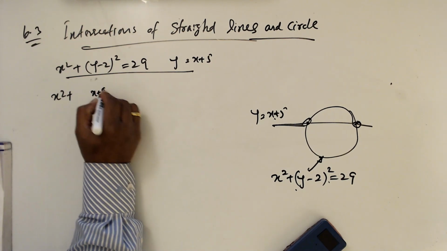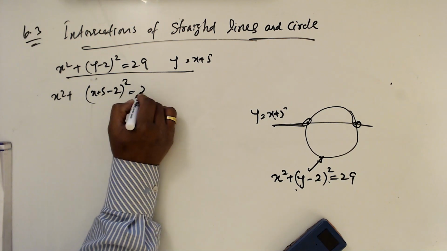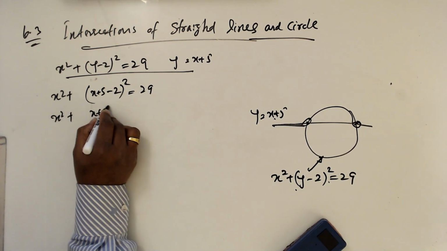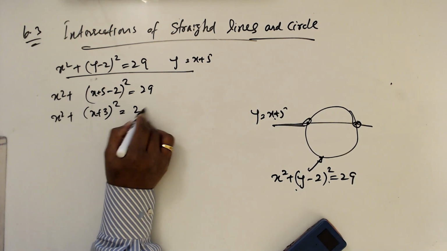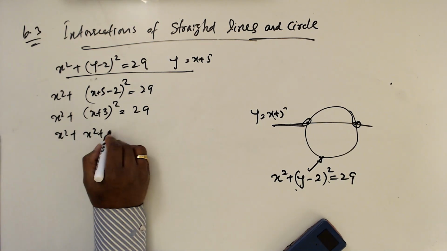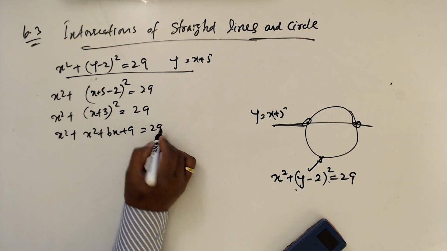So x square plus (x plus 5 minus 2) square equal 29. X square plus (x plus 3) square equal 29. X square plus x square plus 6x plus 9 equal 29.